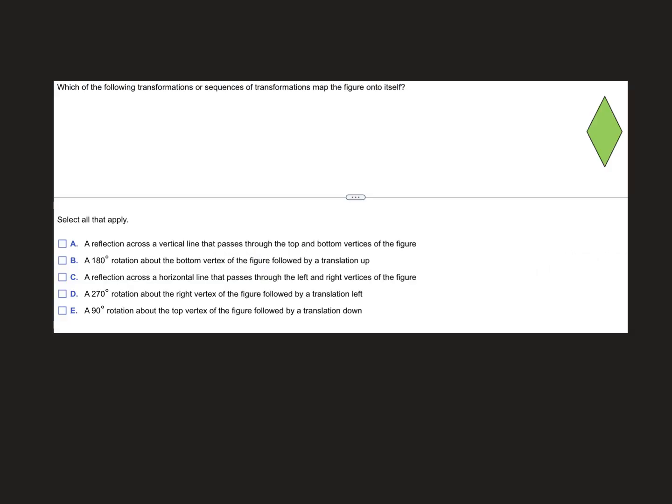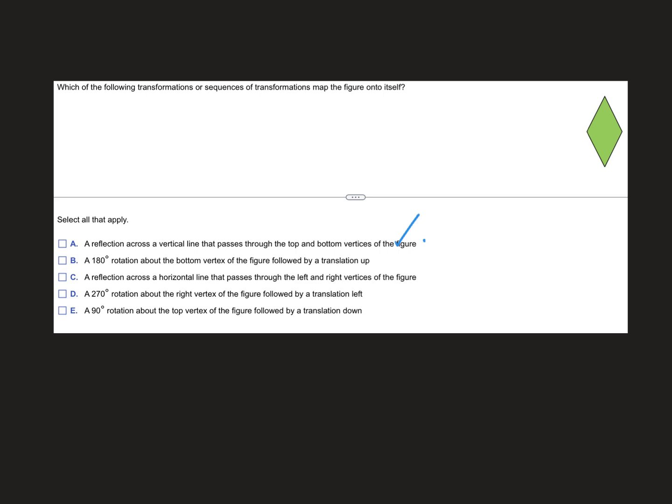All right, so which one will transform and map the figure back onto itself? If I reflect through a vertical line that goes through the top and bottom, do those match? Heck yeah, they do. Next, if I rotate this figure 180 degrees, is that going to match?